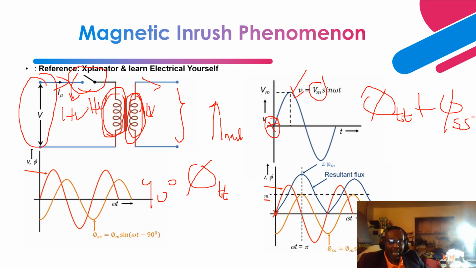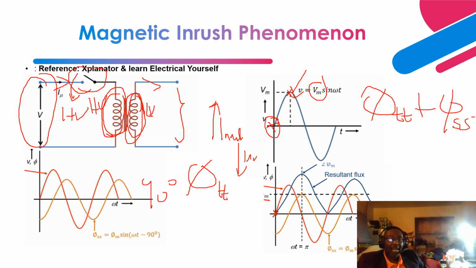If we energize the transformer at the maximum of the sinusoidal wave, at this instant, we're going to have a lower amount of inrush current flowing.